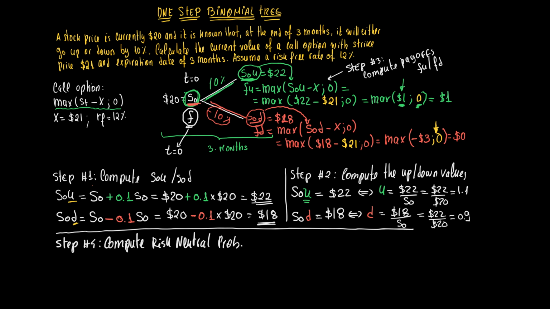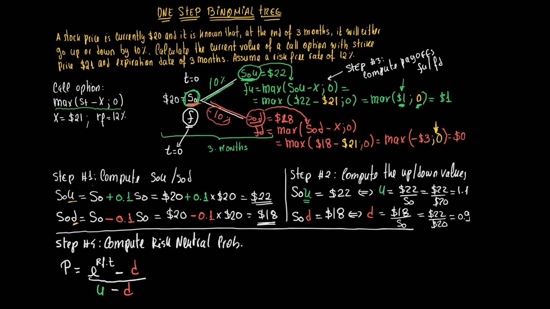The risk-neutral probabilities are given by the following formula. The probability is given by the exponential of the risk-free rate multiplied by the time period, minus the value of going down, divided by the value of going up minus down.